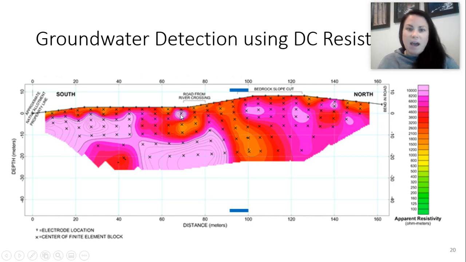And if this is a river crossing, this might be some place where we would have fluid flow or change of fluids and things like that. So a DC resistivity profile can help you determine fluid flow, bedrock, subsurface layers, all sorts of things.